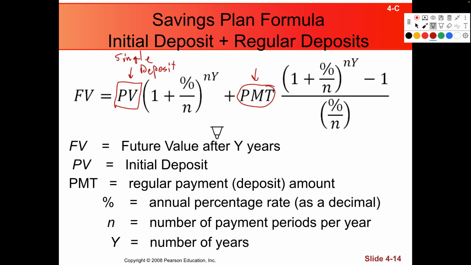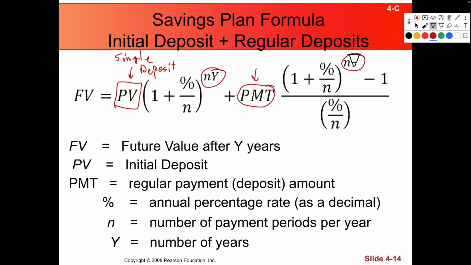And you see the mathematics, it's basically two different formulas added together. So it's almost like the money is separate. We calculate them differently. Again, with the graphing or financial calculator, we don't have to worry about these. It's going to take care of it for us. But again, what I want to focus on is that time is up in the exponent. That is what's going to make a big difference.